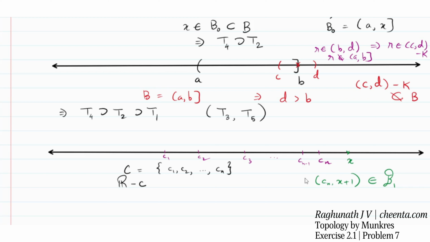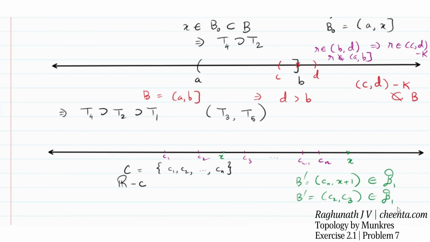Right? So similarly, I can take any x. For example, you can take x to be here, in which case you will take B prime to be (C2, C3), which again belongs to the basis of topology T1.